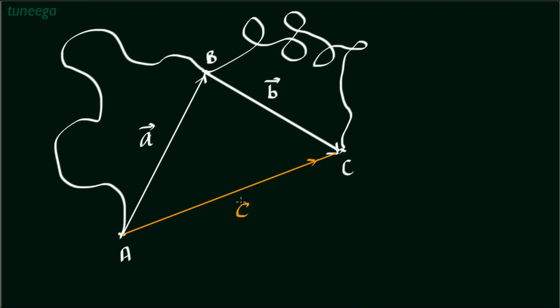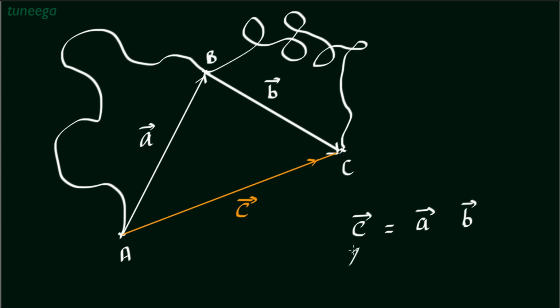We'll call it C. So now we'd like to write an equation that says vector C is the result of vector A followed by vector B. You see, first we perform a displacement from A to B and then a displacement from B to C. The net displacement or the resultant displacement.